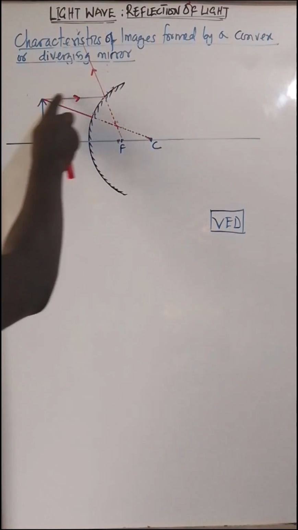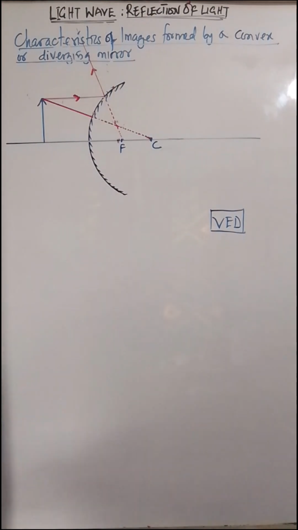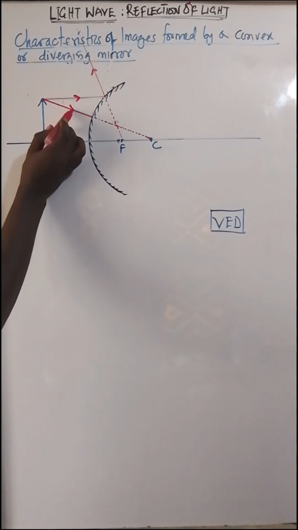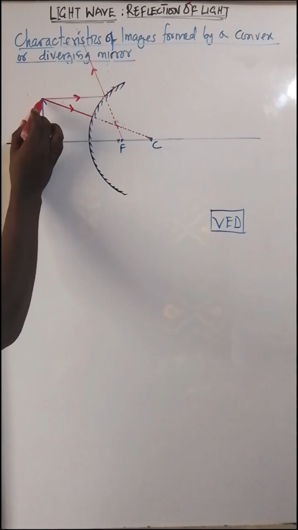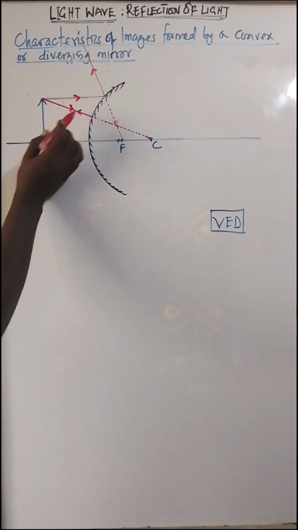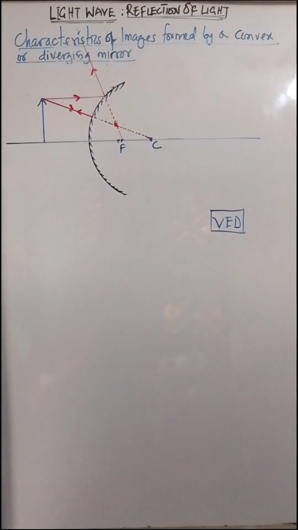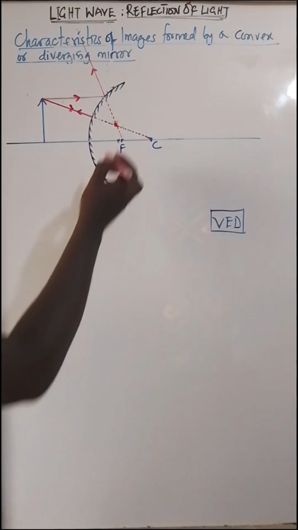So the first one, the parallel ray, passes through F and diverges after reflection. Secondly, any ray that passes towards C will be reflected back along its path. If you trace it, they meet here, so that is where the image is going to be formed.